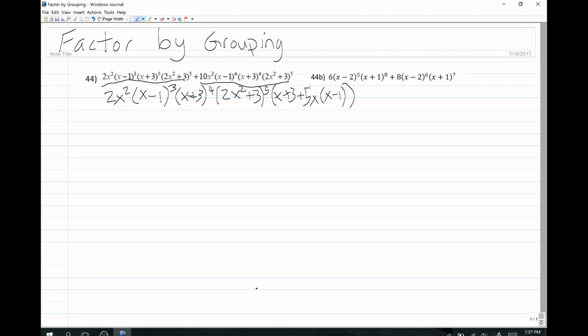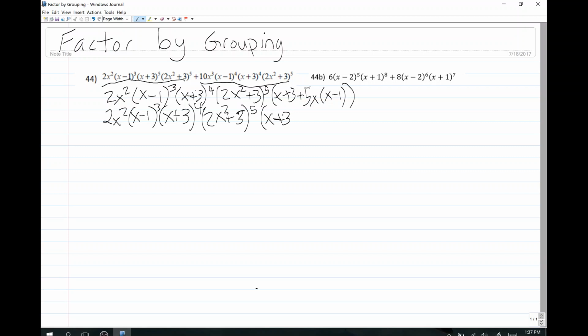So I'm kind of close to done, but this last parenthesis here can be simplified. So I'm going to rewrite all this: 2x squared times x minus 1 cubed times x plus 3 to the fourth times 2x squared plus 3 to the fifth times, let's just simplify this last parenthesis.